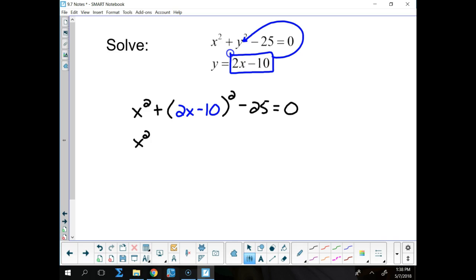X squared is x squared. 2x minus 10 squared is 2x minus 10 times 2x minus 10, which is 4x squared minus 40x plus 100. Then minus 25 equals 0.